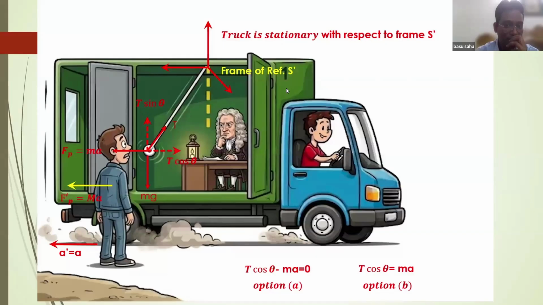Suppose I am considering this part, then I have to apply pseudo force also, because I want to analyze the motion of this part. Then I have to consider not only the pseudo force, but the force created by nearby atoms, and that we can collect in terms of stress.